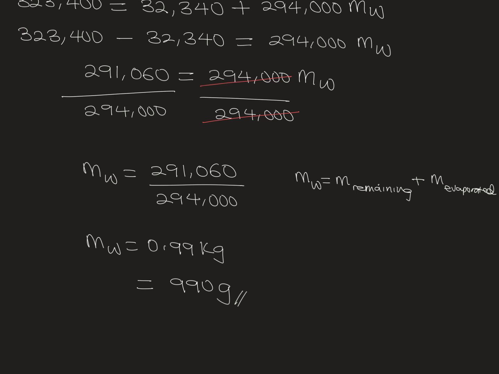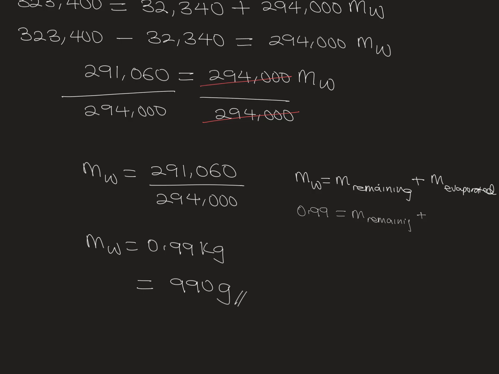If I wanted to find the mass of the water that is remaining, the total mass of the water is 0.99. This is equal to the mass of the water remaining plus the mass that has evaporated, which is 660 grams.